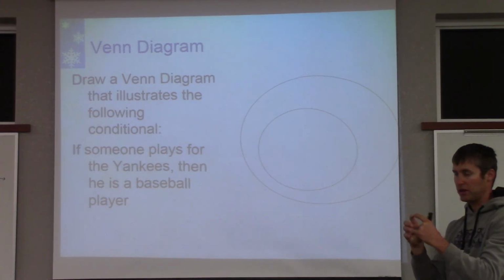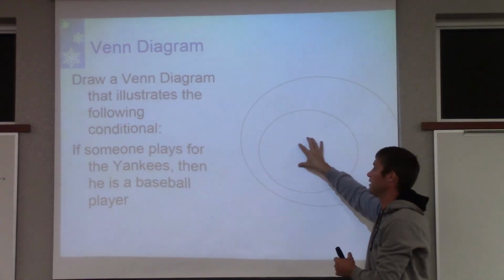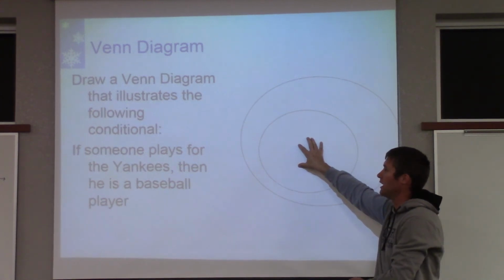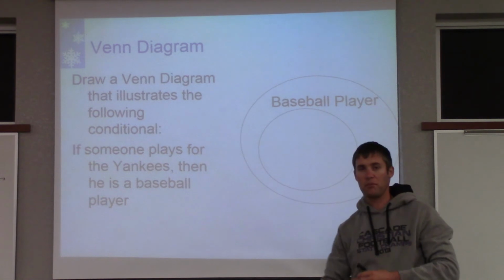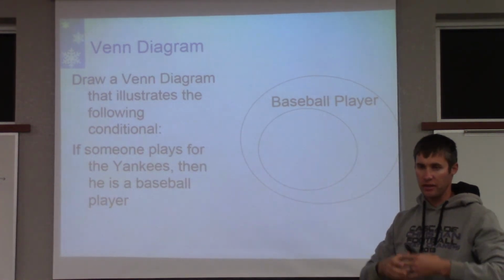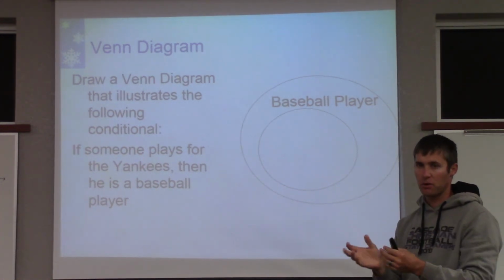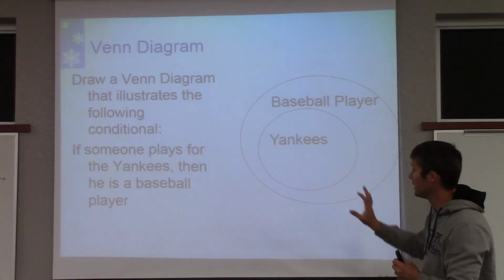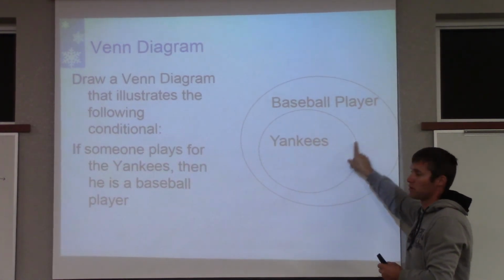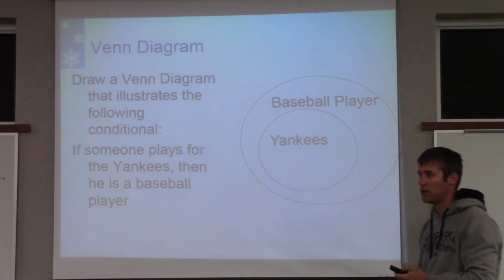The smaller thing, playing for the Yankees, would go on the inside, and on the outside would be a baseball player. Being a baseball player is more inclusive than being a Yankee. Not every baseball player plays for the Yankees, but if you did play for the Yankees, then you'd also be a baseball player.